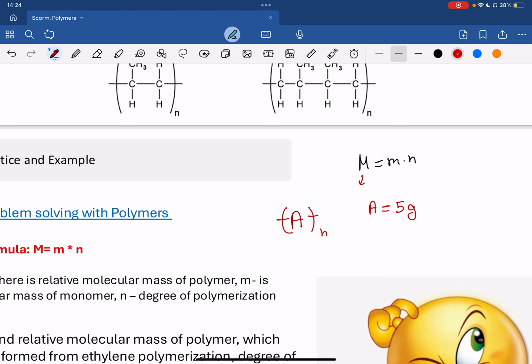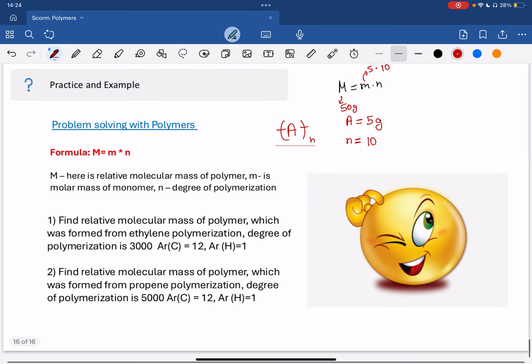And imagine n represents the degree of polymerization, say n is 10. Small m shows the monomer mass, 5. Imagine we have 10 of A, and if each of them is 5 gram, 10 of them will be 50 gram.